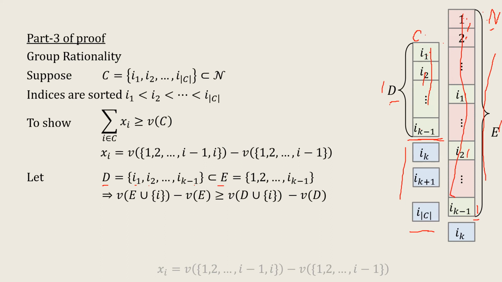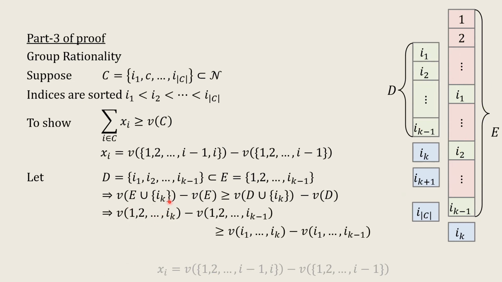So D is a subset of E. Whence, since this is a convex coalition, the marginal contribution of agent I to E will be always greater than or equal to the marginal contribution of agent I to D, because D is a subset of E.